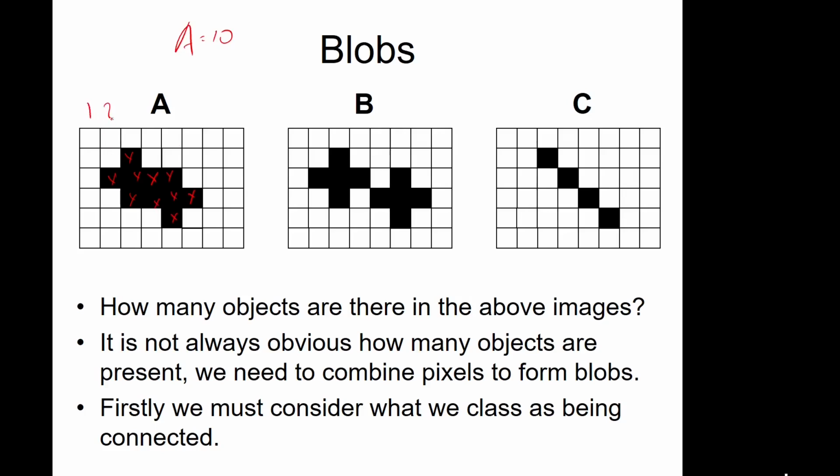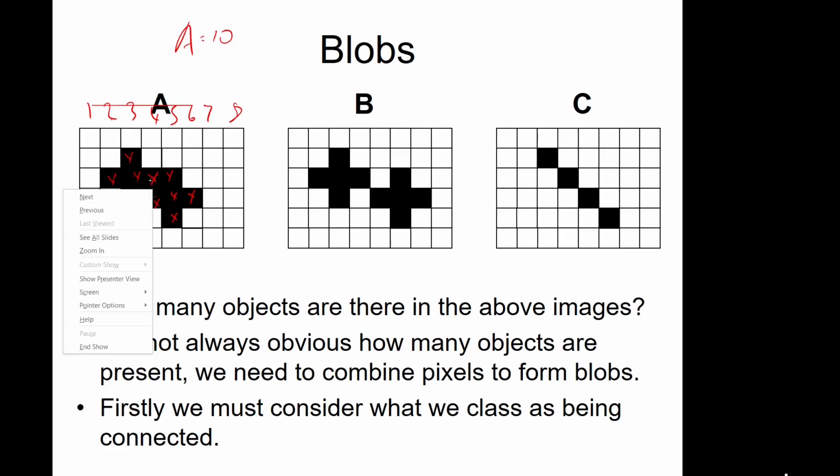So if this is 1, 2, 3, 4, 5, 6, 7, 8, we've got a 2 plus a 3 plus a 3 plus a 3 plus a 4 plus a 4 plus a 5 plus 5 plus 5 plus 6. Add that all together, divide by 10, and that's your average x. Similarly with y, and we'll find the center is probably somewhere around there of the object. So we can do some simple to complex processing of the image in order to try and recognize features and where they are on the screen.